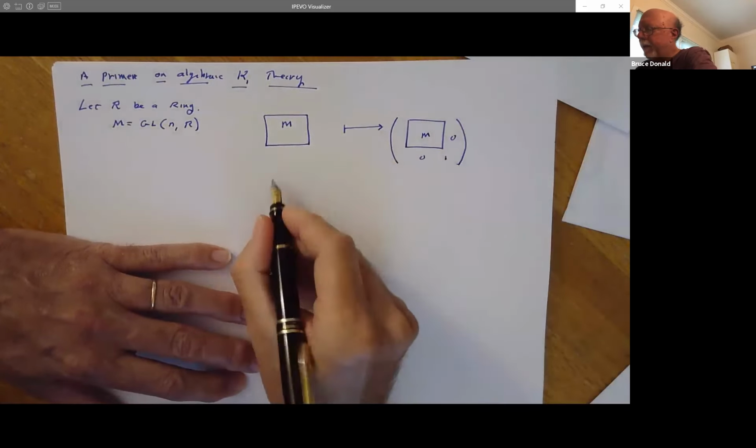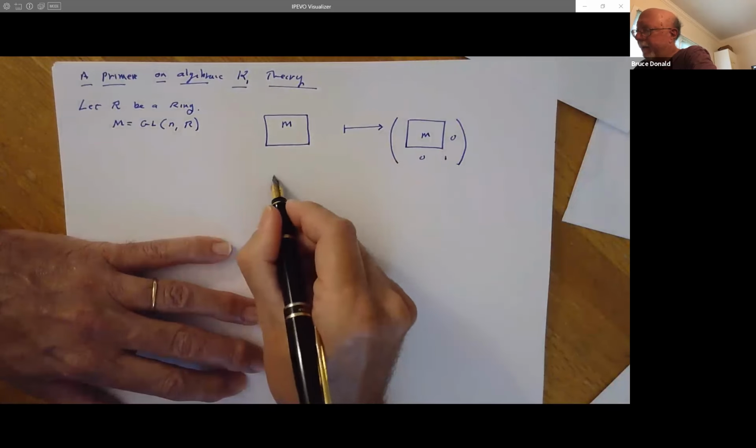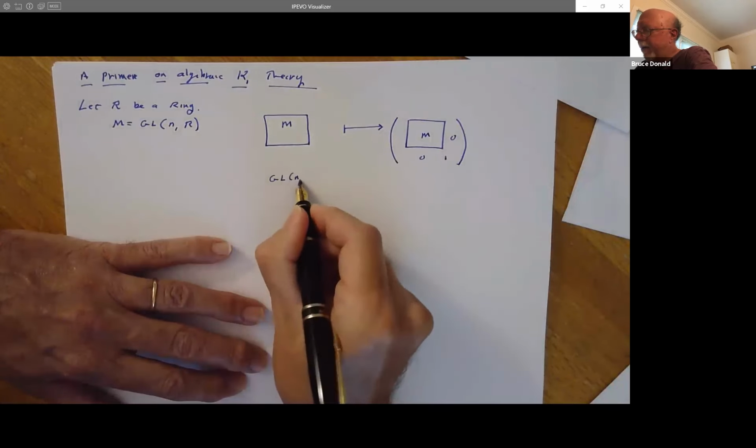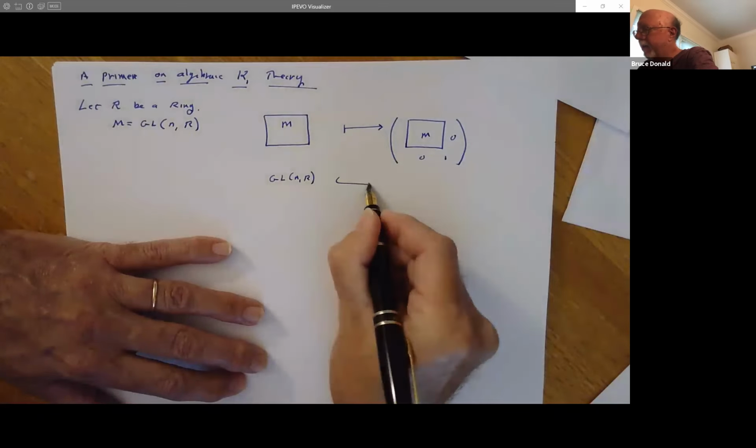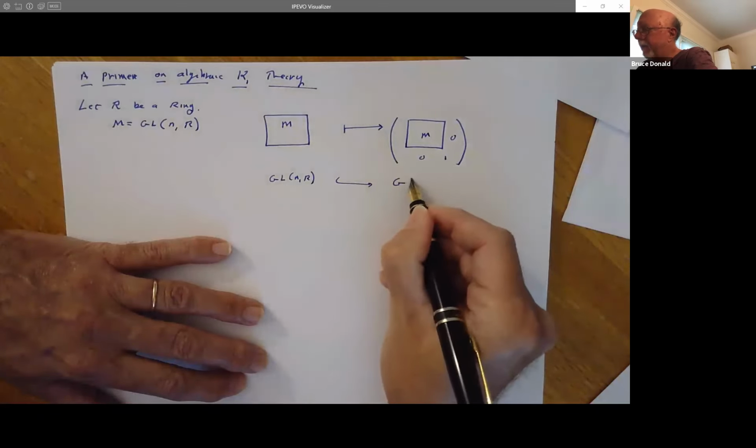So this is a mapping from GL_n(R), the general linear group of n by n matrices over R. It gets included into the one that's one up.